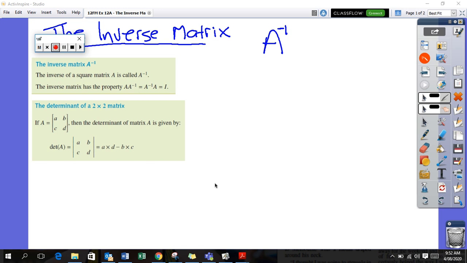So yesterday we spoke about the inverse matrix. When we talk in maths, we have inverse operations. So if we have something like 5 times m, then the opposite of 5 times is divided by 5, which is the same as multiplying by 5 to the power of -1.